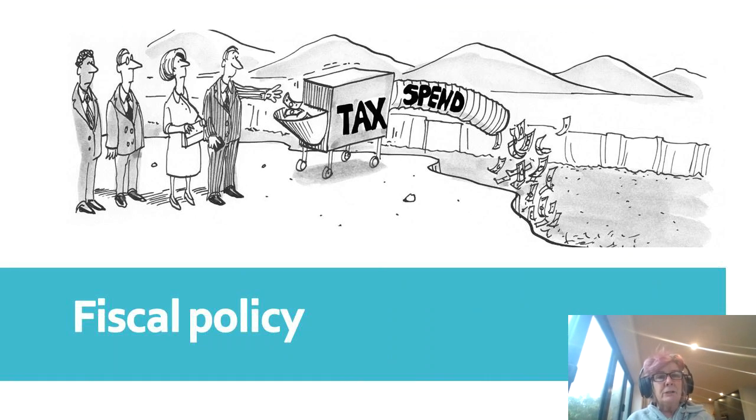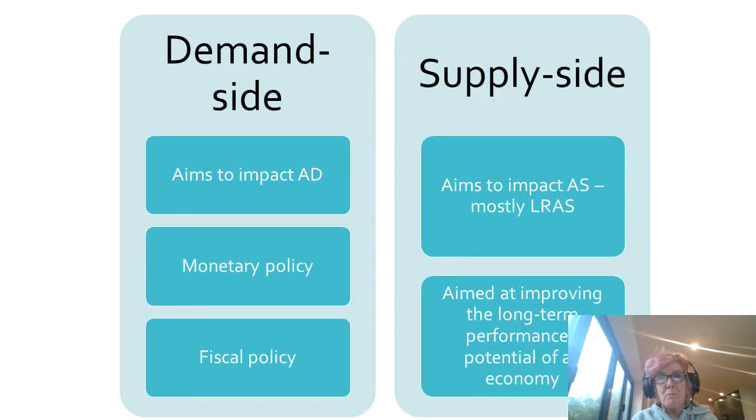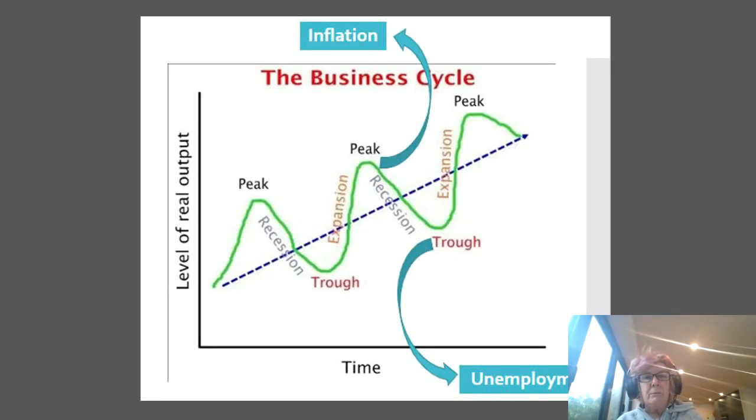And as you can see from our introductory slide, fiscal policy is all about taxation and government spending. So just to go back and think about why a government might use fiscal policy, we can look at our economic cycle diagram, and what we see on this is the green line, which represents actual GDP, and we see how actual GDP goes through cycles of peaks and troughs.